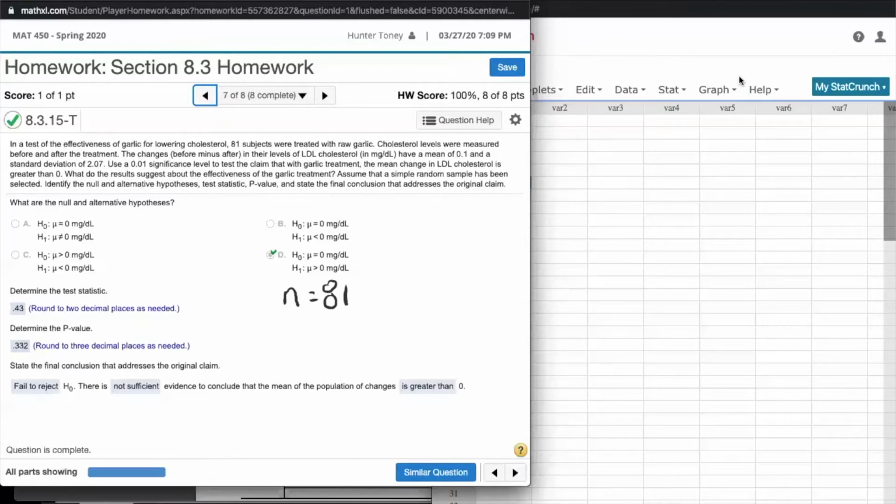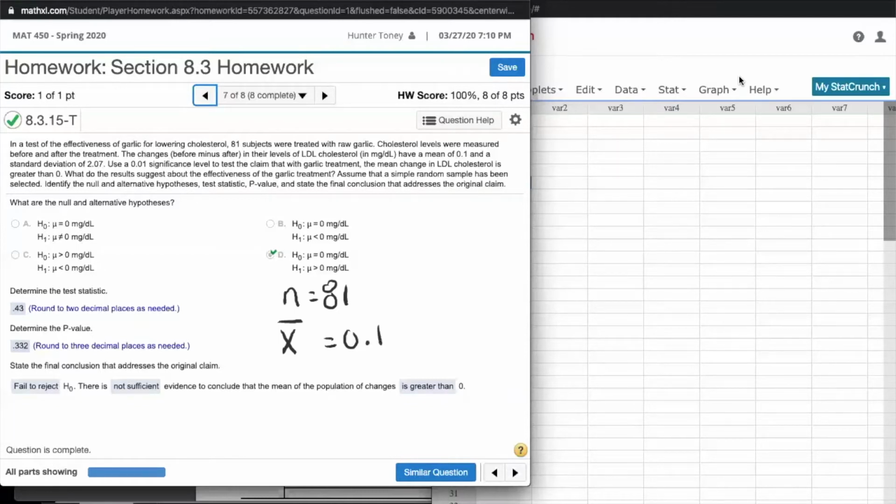They do tell us that we have a mean for our sample of 0.1. So remember, anytime we're dealing with our samples, we're using our English letters. So we'll have our x bar, not our mu, because our mu is talking about our population. We know the information just for our sample. So we're going to use x bar to denote our mean as 0.1.